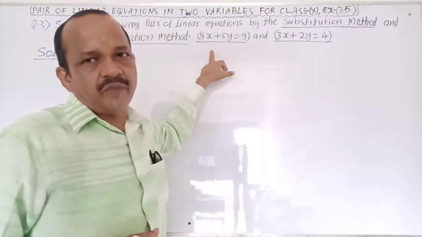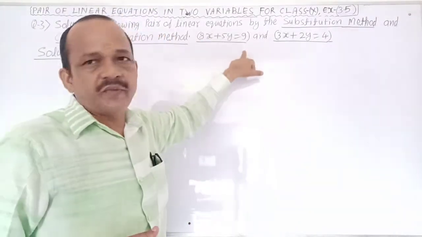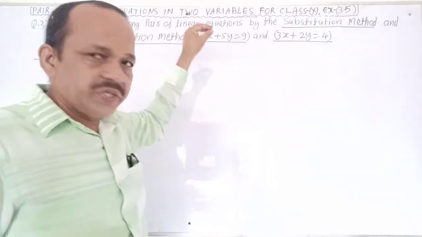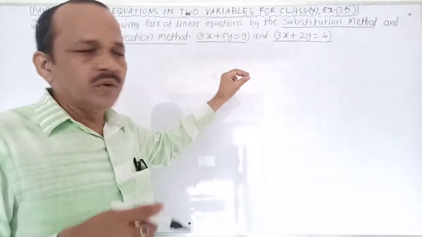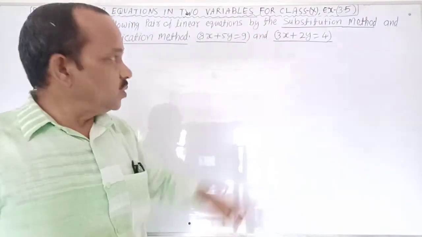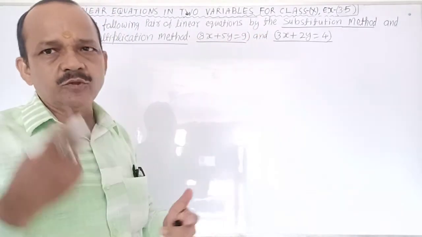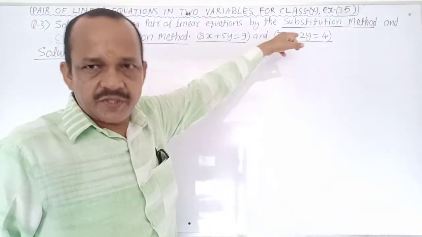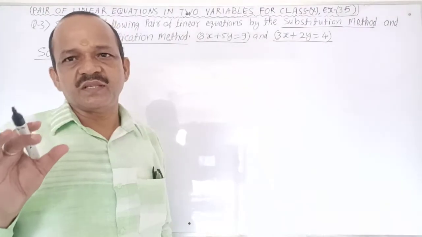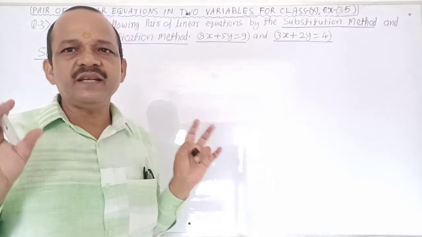It is the given equation. You solve the given equations and decide the value of x and the value of y. You solve by two methods: first, substitution method and second, cross multiplication method. Clear? It is very easy.